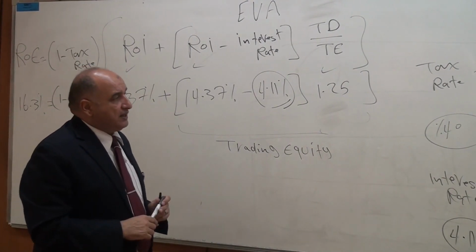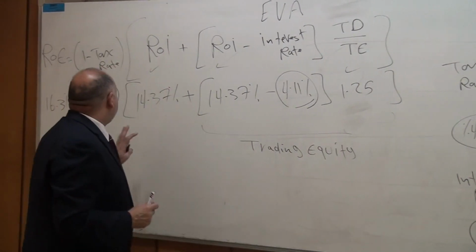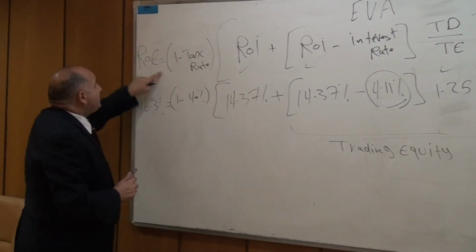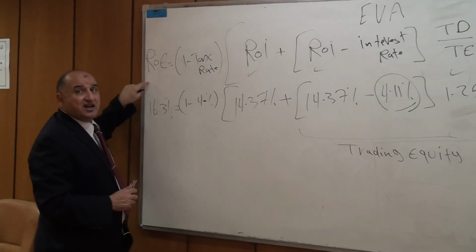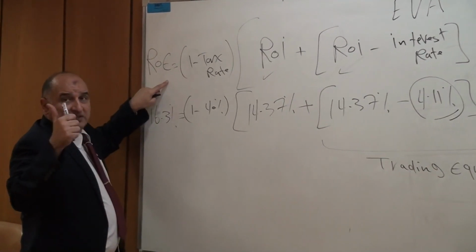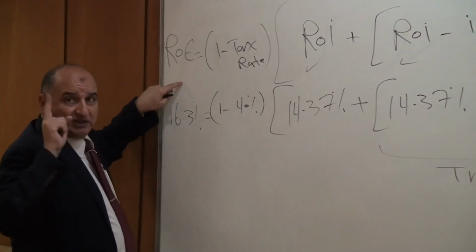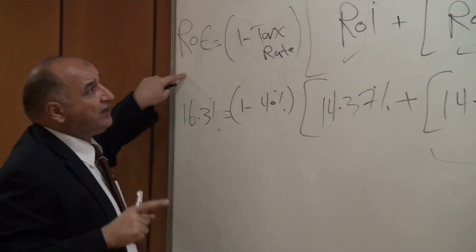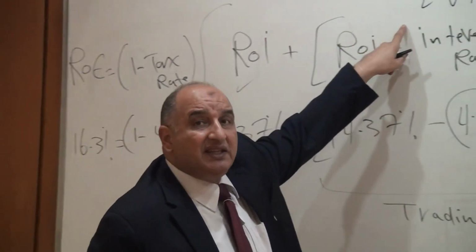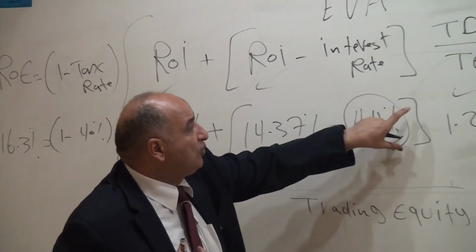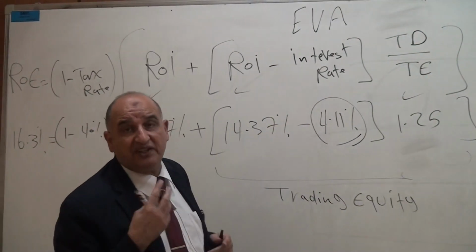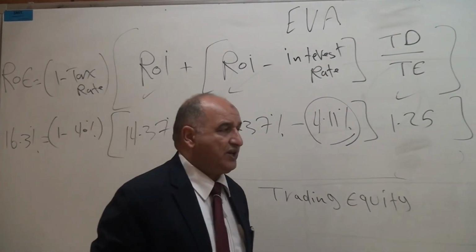Okay. So you have to know now that we have 3 ways to calculate the ROE. One, the simple equation. Second, DuPont analysis. Third, by EVA. And the EVA helps us to know what the effect of that is. Okay?